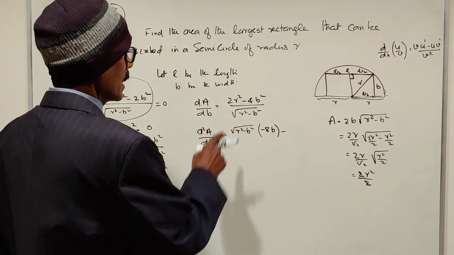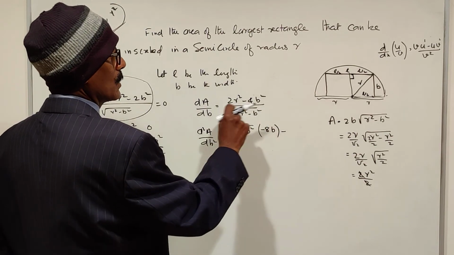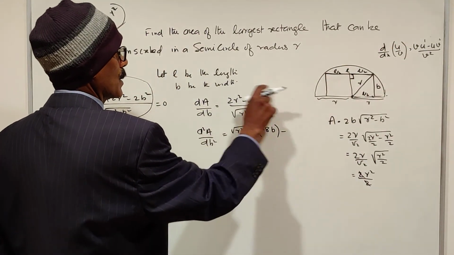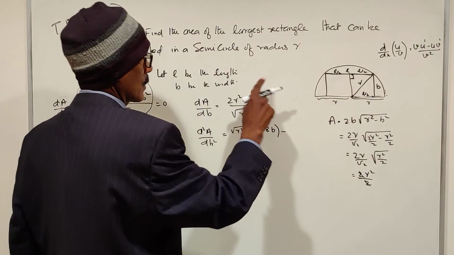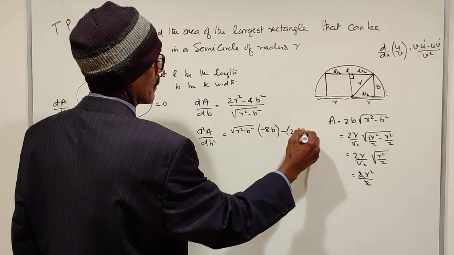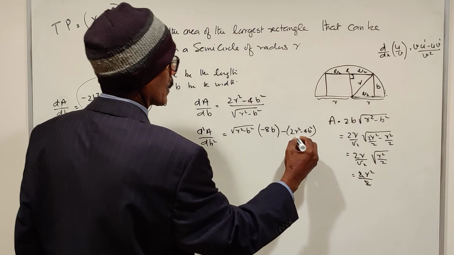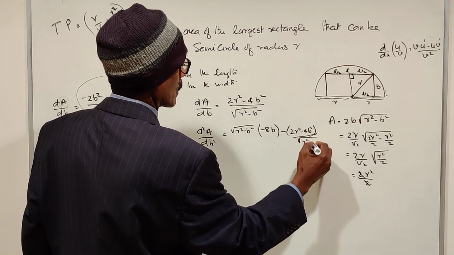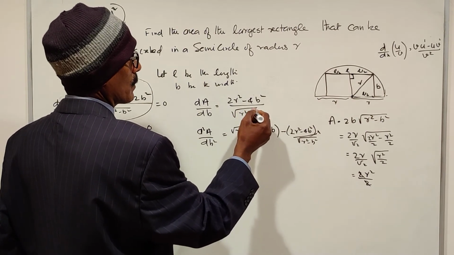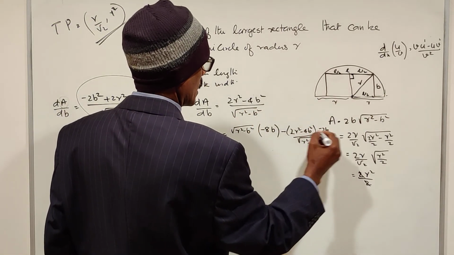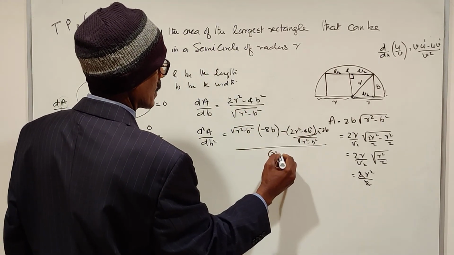Here v is the square root. So v into derivative of numerator, minus u, that is 2r² − 4b², into derivative of this, that is 1 by root of r² − b², into derivative of r² − b², which is minus 2b, all divided by the square of this, that is r² − b².